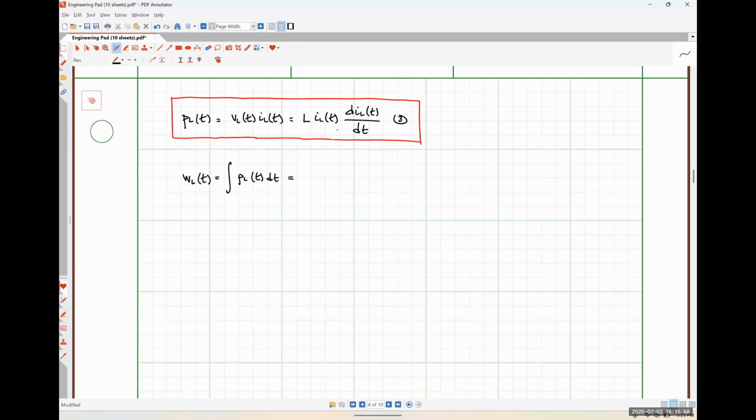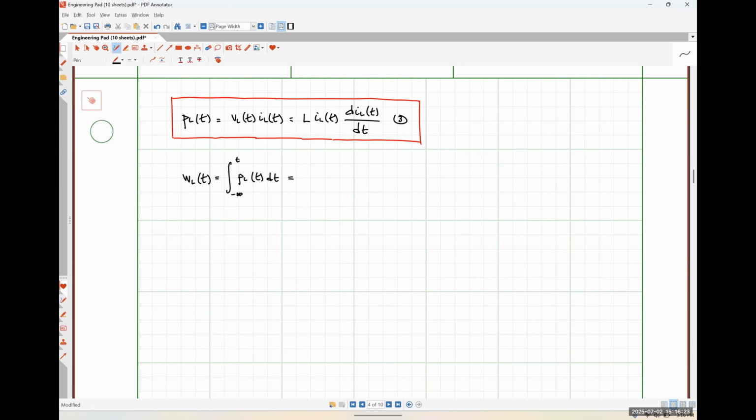So what I'm going to do now is substitute that in, and I'm going to go from negative infinity to t here on the boundaries of my integral. So this is the total energy stored by the inductor up until the point in time we're interested in.